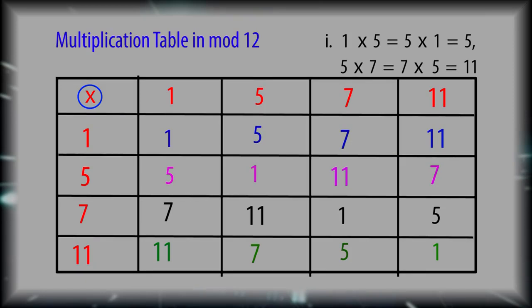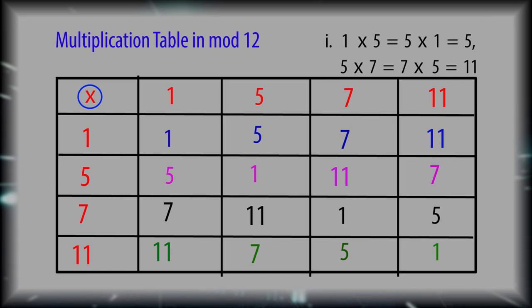So we can check with any two numbers at a time. Now let's look at 1 times 5. 1 times 5 from the table gives us 5. If we get 5 times 1, we still get 5. If we take 5 and 7, 5 times 7 gives us 11, and 7 times 5 gives us 11.